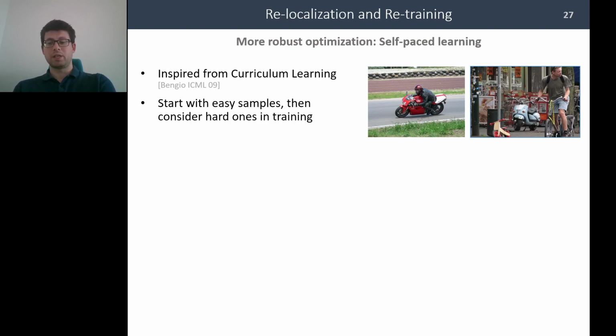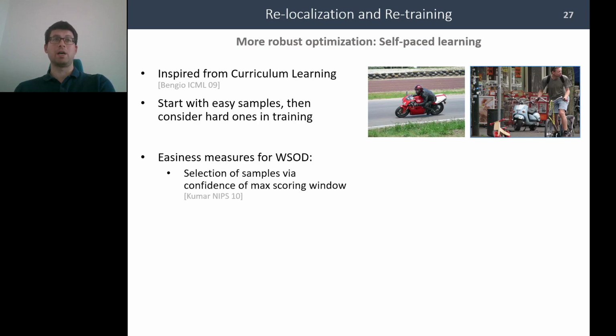This principle has been applied to weakly supervised object detection by Kumar et al. in NIPS 2010. The idea is we first detect the objects, use their positive instances to train our detector initially, then gradually move to the more difficult examples.